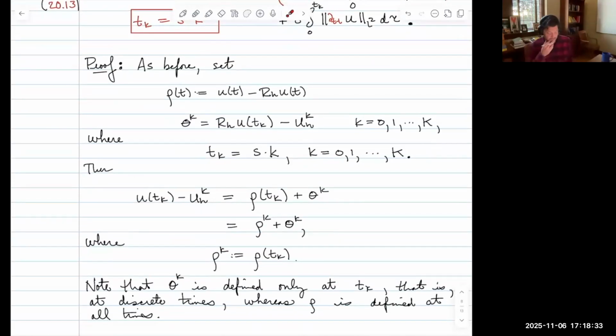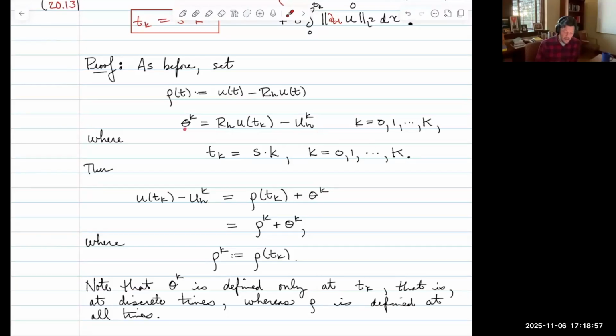So how do we prove this? Well, I'm going to run down through this really quickly, but we're going to pick up here and redo this next time. So as before, what we're going to do is break our error into two parts: a rho of t, which is going to be u(t) minus R_h u(t), and a part which is always going to be in the finite element space, called theta.